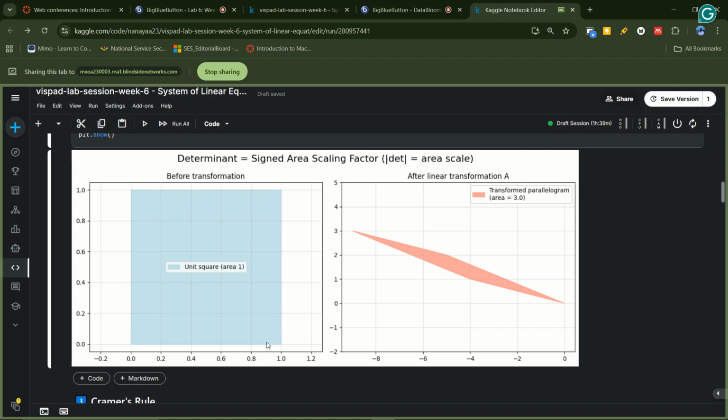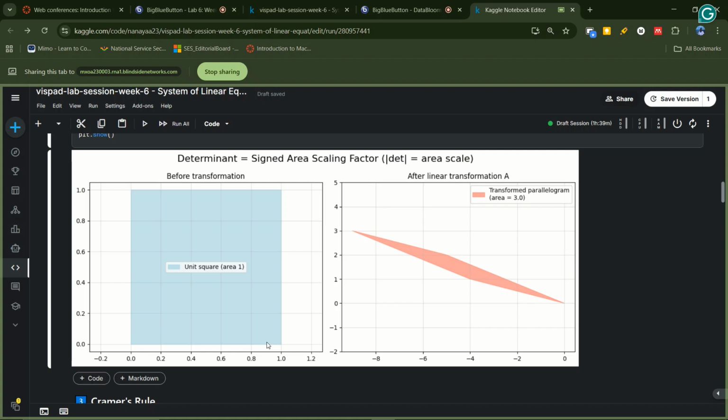Over here we realize that this figure shows that the linear transformation changes shapes. You agree, right? Specifically, how the matrix A transforms the unit square and how the determinant we've gotten relates to area scaling.